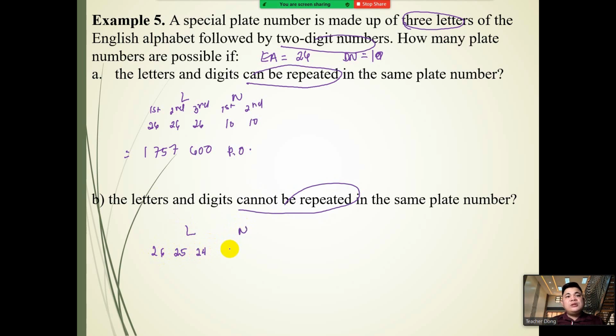And for the numbers, if we already used one for the first digit, we're not allowed to use it in the second, so we only have 9. If we multiply them, you are going to get 1,404,000 possible plate numbers. Okay, so that's how you compute it. Remember, for the fundamental principle of counting, the operation involved is multiplication.